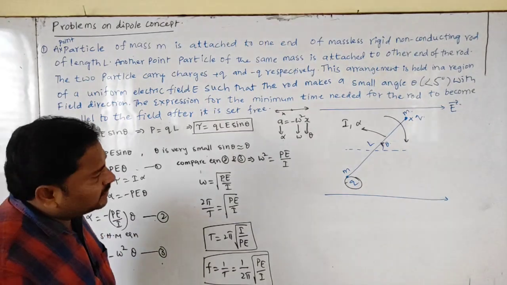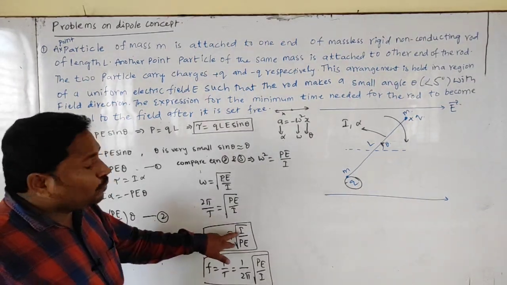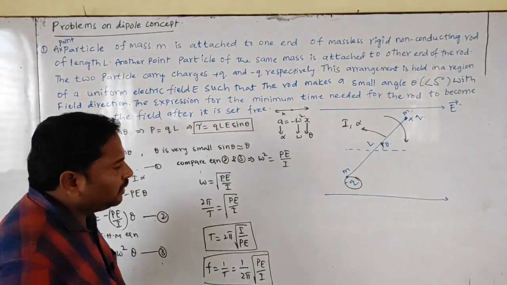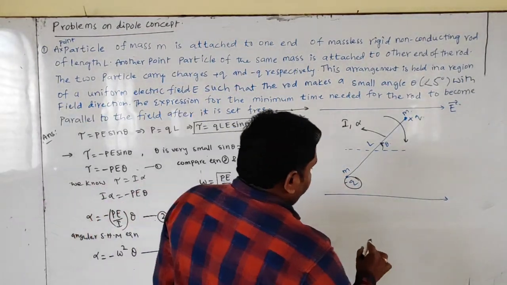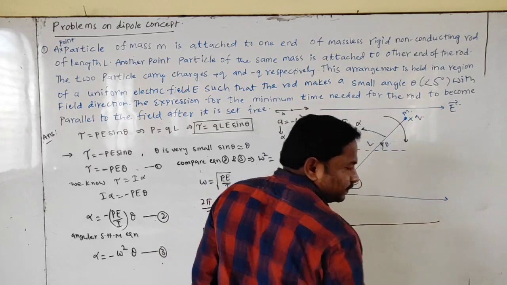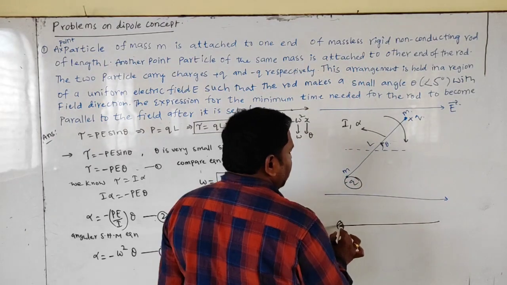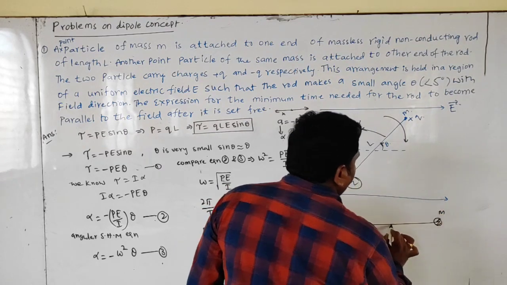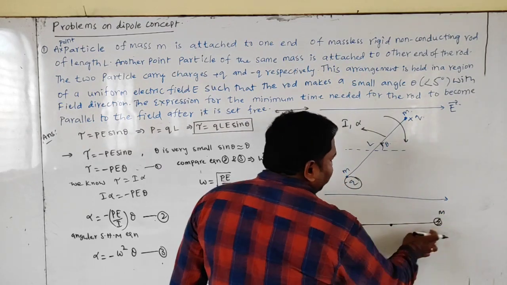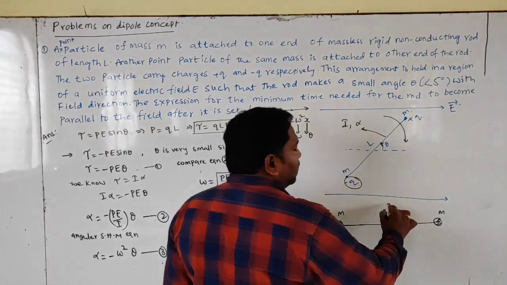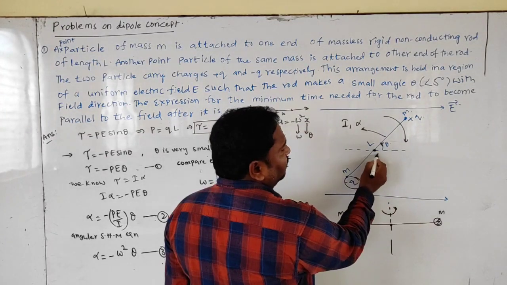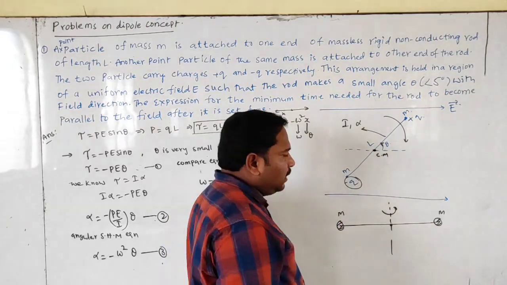Here we are going to discuss the moment of inertia of the dipole. Suppose this is the dipole, with particles of mass m at both ends. It is rotating about the center of mass, the center of the dipole.